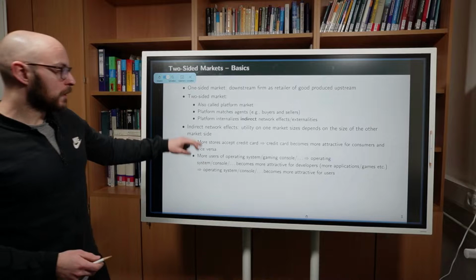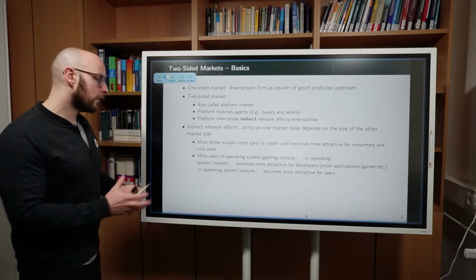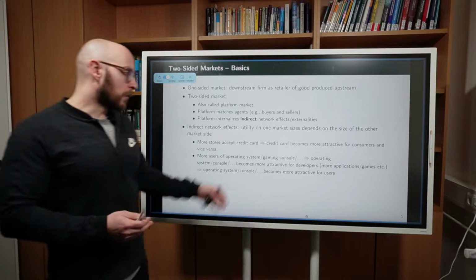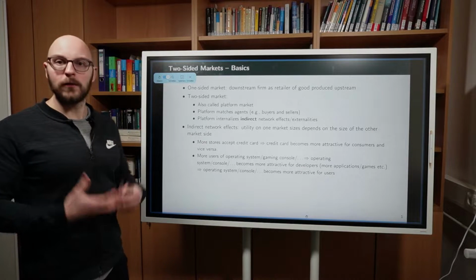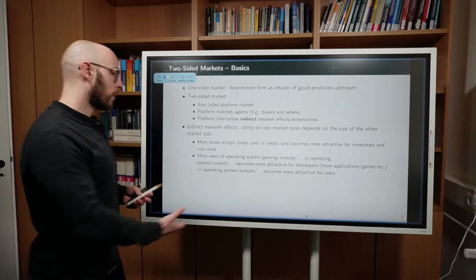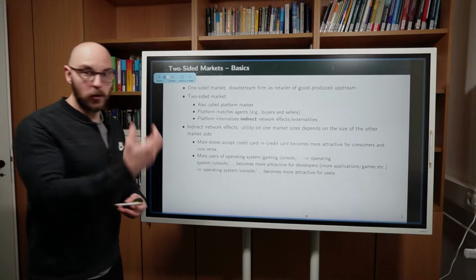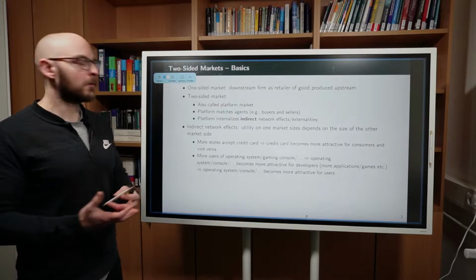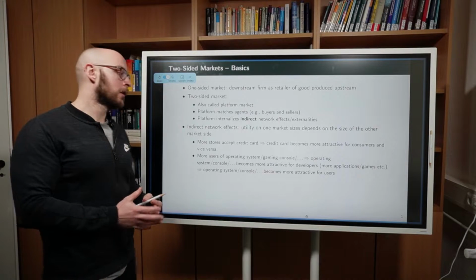Another example would be operating systems or gaming consoles, for instance. So if you have, let's say, an Xbox, then it becomes more attractive for developers to develop games for the Xbox if there are more players that use the Xbox. And if there are more games available on a given gaming console, then it makes a lot of sense for the buyer, for the users, to also use that platform, right?